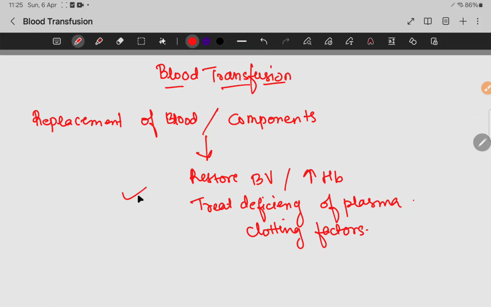So to restore all these things we are doing replacement of blood. Okay, so that procedure is called as blood transfusion.